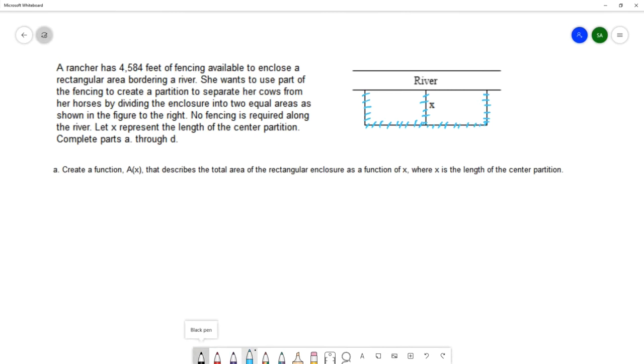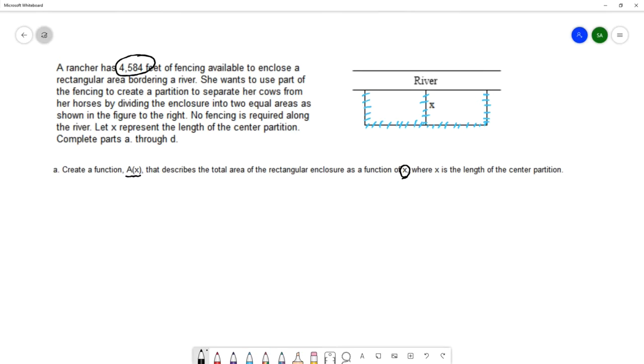So we need to create this function that describes the area A of x as a function of x, which is marked on the picture. The other information that we're given is that we are going to be using 4,584 feet of fencing.